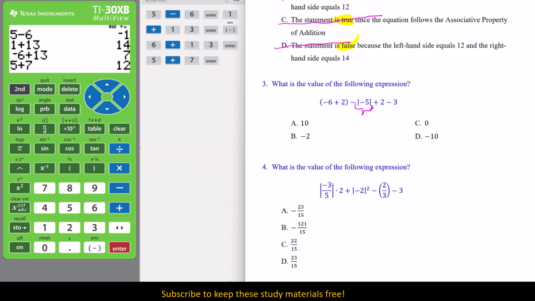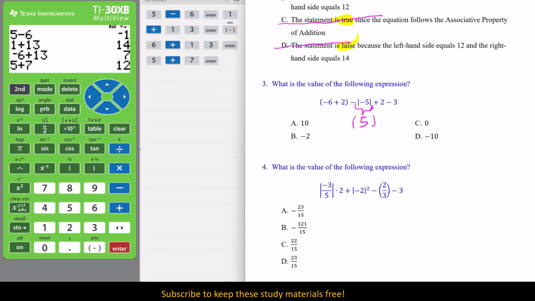You'd have to get a higher level of calculator. Of course, the TI-84 has absolute value. But for us, this is what we can do. We know that absolute value means if it's negative, then we have positive. So just use parentheses and type in 5.